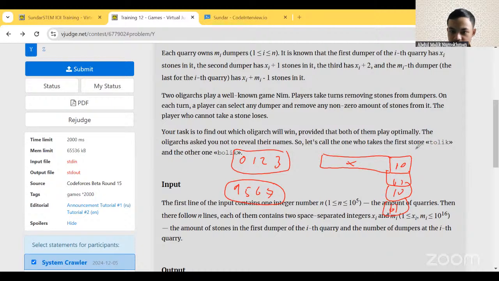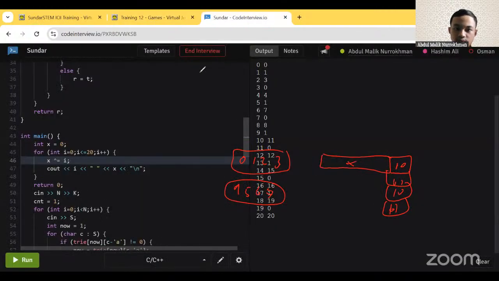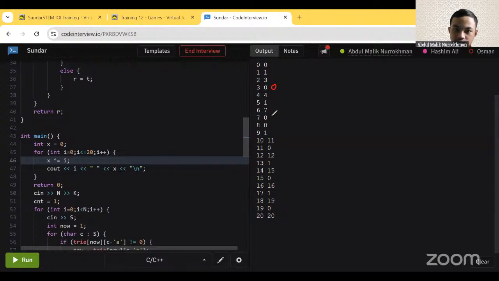After we know that the XOR of this is 0, then just continue, because we know this is 0. After that, XOR with this also 0, and so on. Then just continue from 0 XOR x becomes x. x XOR x plus 1, where the previous is even and the next is odd, is always 1.